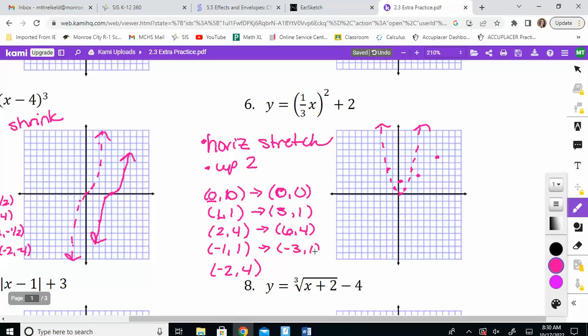And the same thing on the negative side. So we had -3, 1, shifted up 2. -6, 4, shifted up 2.